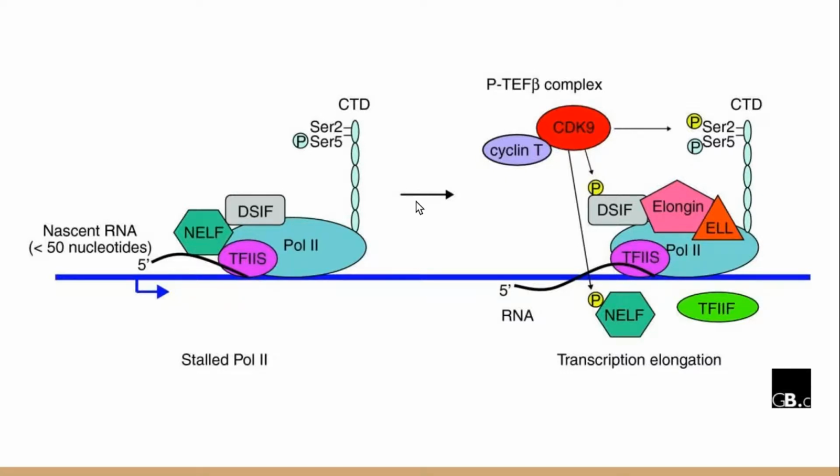Negative regulators of RNA polymerase include, most importantly, NELF and DSIF. NELF, which stands for negative elongation factor, does simply that. It inhibits elongation. The precise mechanism maybe isn't important, but DSIF accompanies NELF in a complex to promote transcriptional stalling.